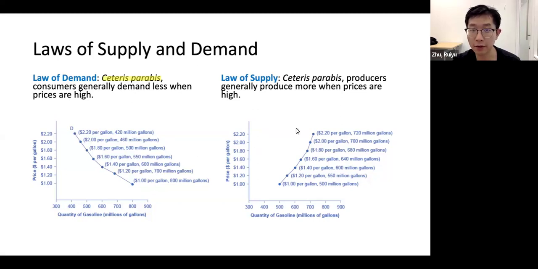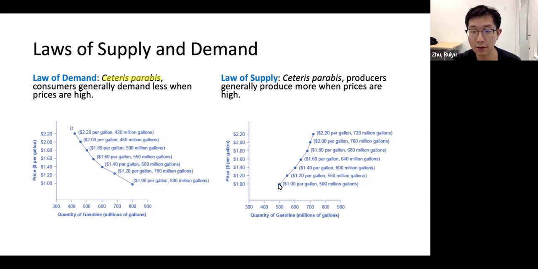Similarly, for supply, we have the law of supply, which means producers are generally willing to produce more when the price is high, because if the price is high, it will be more profitable to produce more. Or if you use the marginal cost interpretation, if the quantity is very high, your marginal cost is very high.